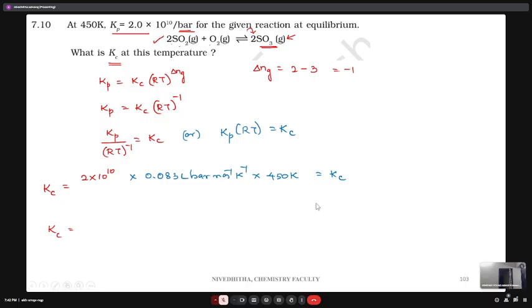And here unit of Kp is bar inverse. That's it. So here bar and bar inverse will get cancelled. Mole and Kelvin and per Kelvin will get cancelled. So the final unit will be liter per mole.